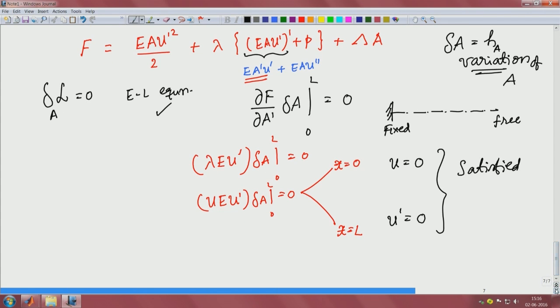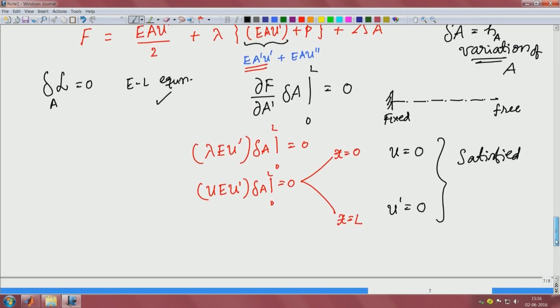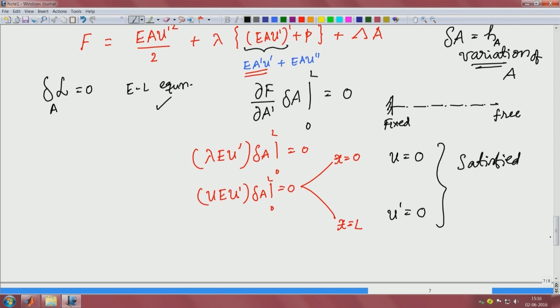Now, if we go further, again I would need this integrand, write it again here for the boundary condition to take variations with respect to u. This is EAu'²/2 + λEA'u', that is the first term, and then we also have λEAu'' + λA.